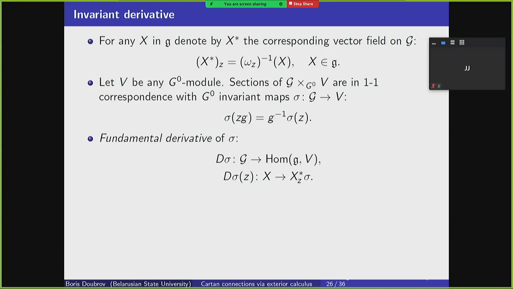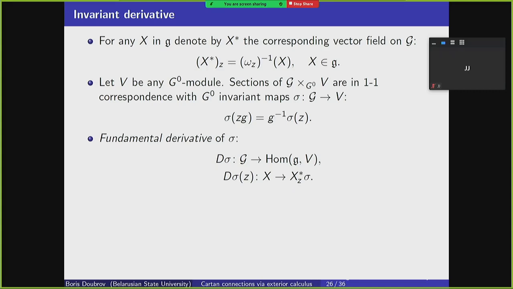It just differentiates the sections, or the corresponding maps, along fundamental vector fields, and fundamental vector fields are those which correspond to elements of our Lie algebra. Originally, these fundamental vector fields exist only for a subalgebra, if you have only the structure of a principal fiber bundle, but as soon as we have a connection, we can extend this correspondence to all elements of our Lie algebra. So the operation is fairly simple.